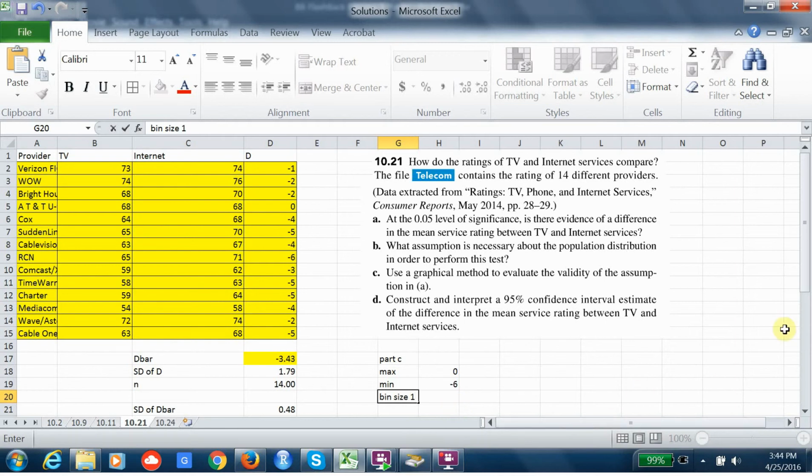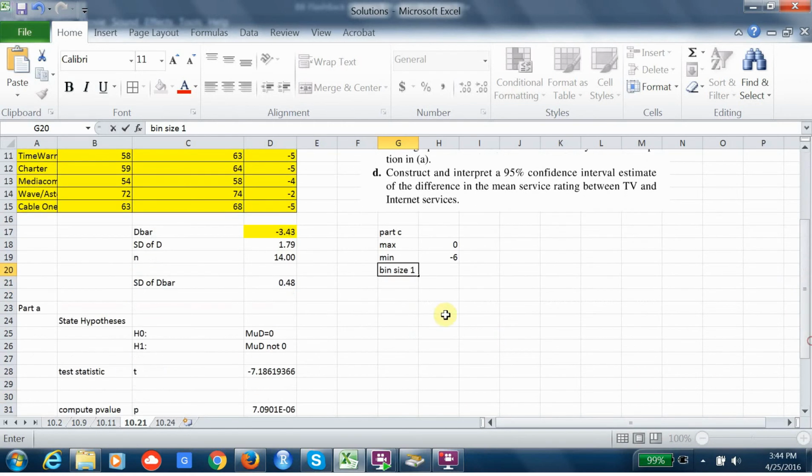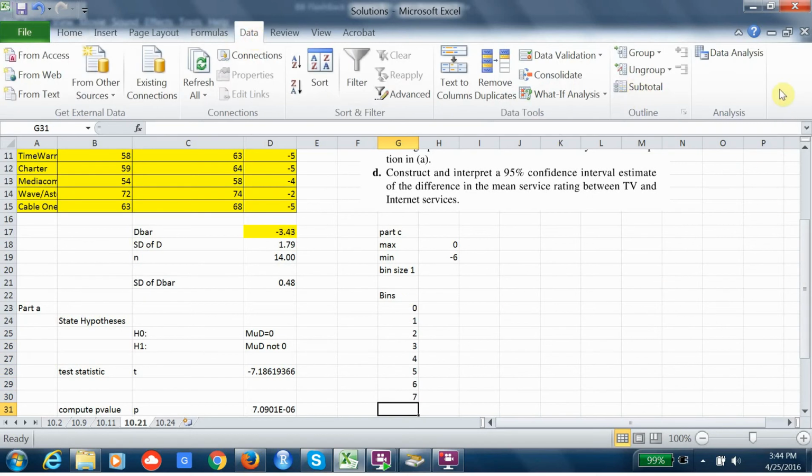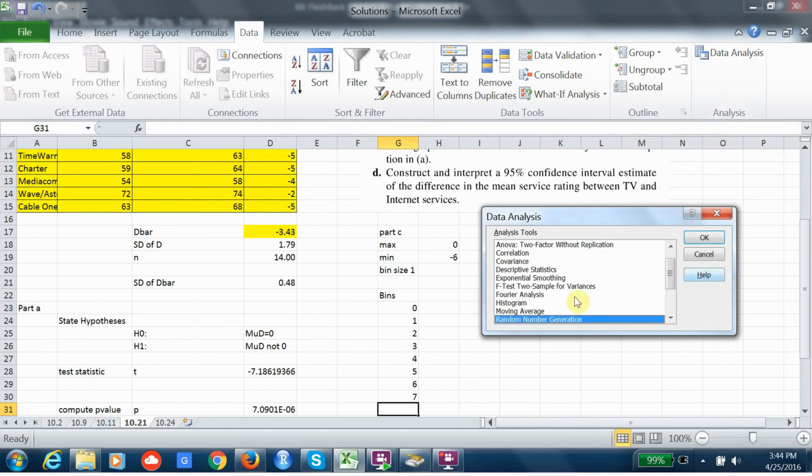Now we can go ahead and make our bins: 1, 2, 3, 4, 5, 6, 7. We'll just be careful about it. Now we're ready to make the histogram. It's going to be a little hard to see because we don't have a lot of data values, and the bins are very coarse, but we'll see what we get.